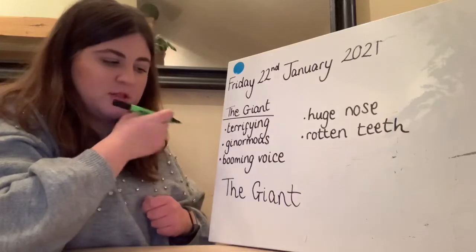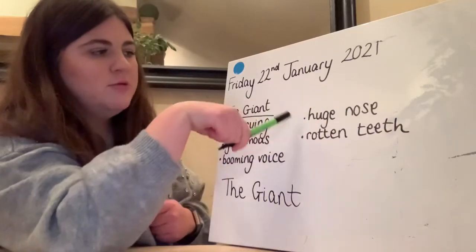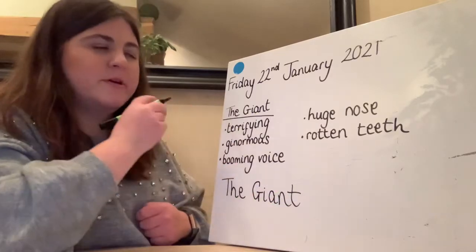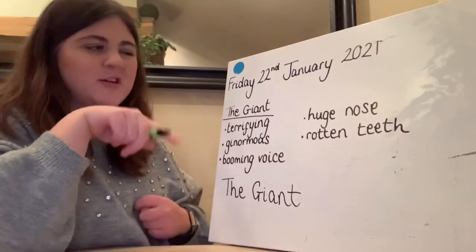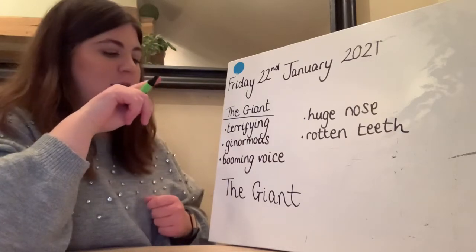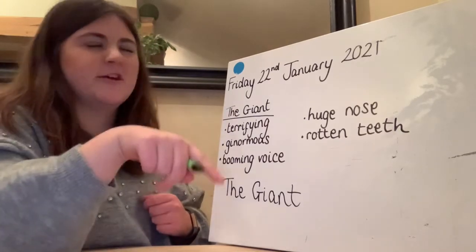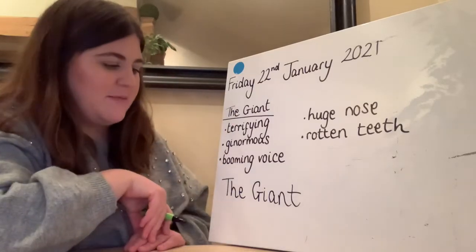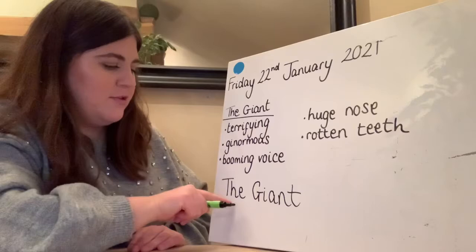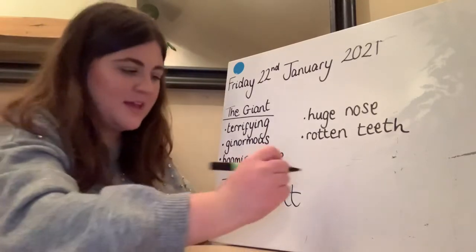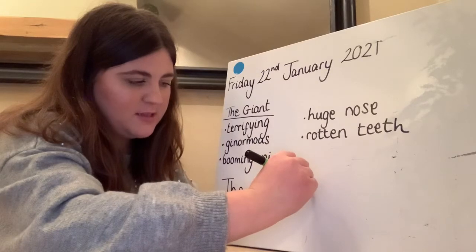So I'm going to include huge nose. So the giant, how can we put huge nose? The giant huge nose? Does that make sense? Not really. The giant is huge nose. That little connective word doesn't really make sense, does it? What about the giant has a huge nose? See how that makes more sense?